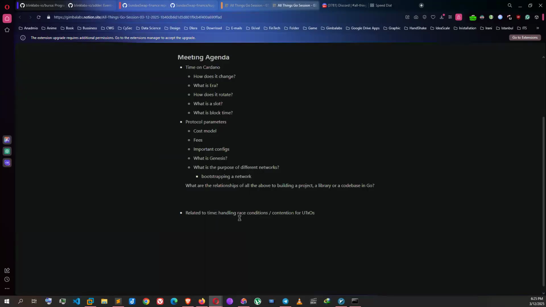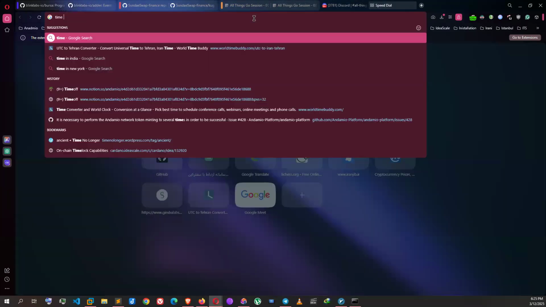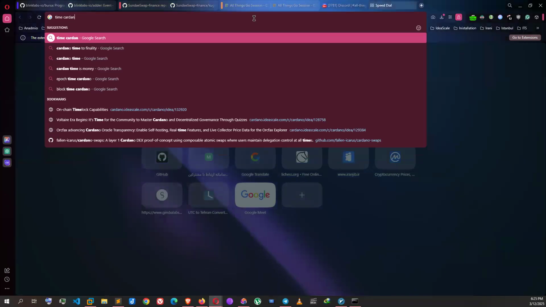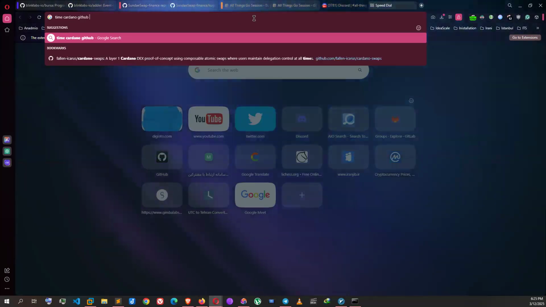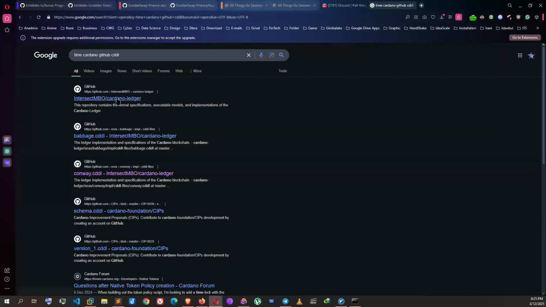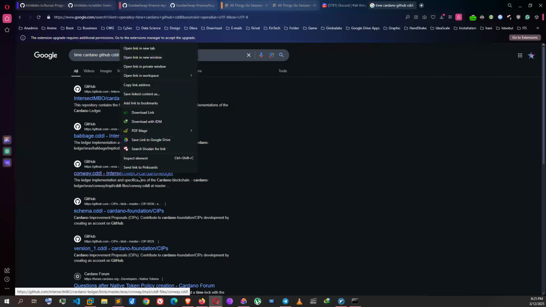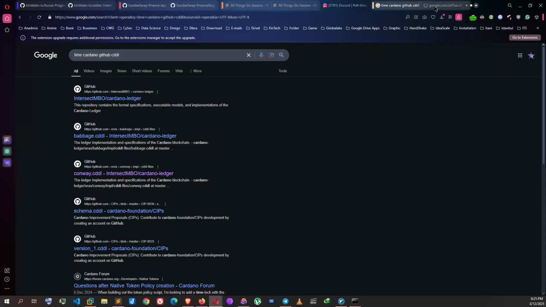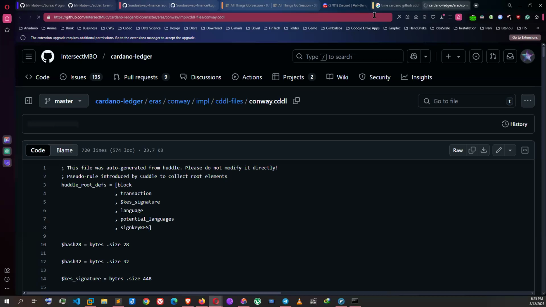So, okay, I wonder where we can find the time in Cardano. Maybe CDDL somewhere that we can look into in Cardano Ledger. I mean, the best place normally is looking into the core of the stuff, right?